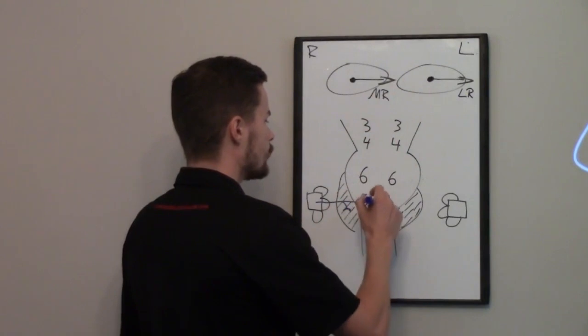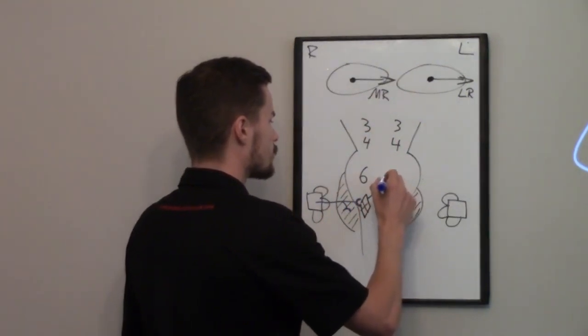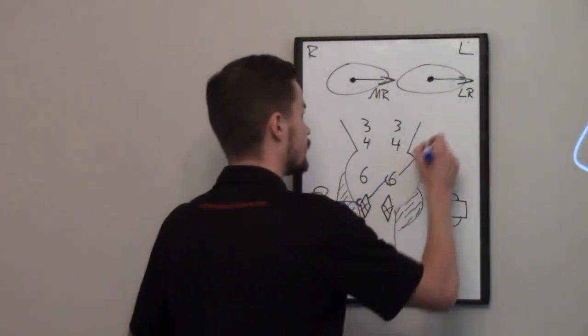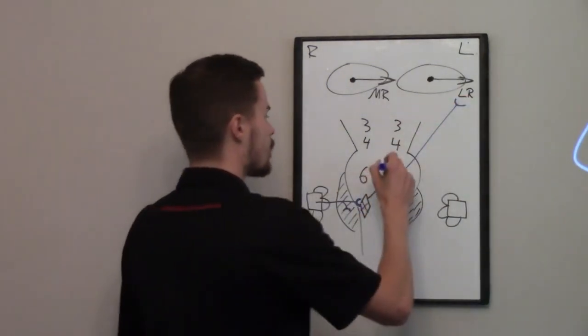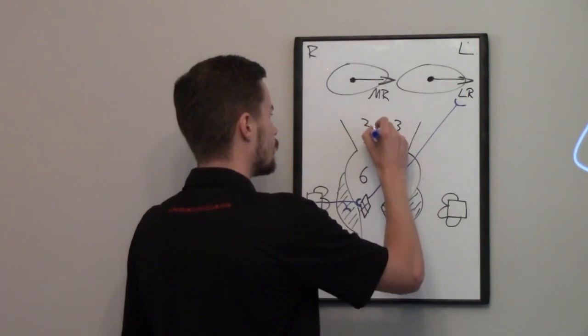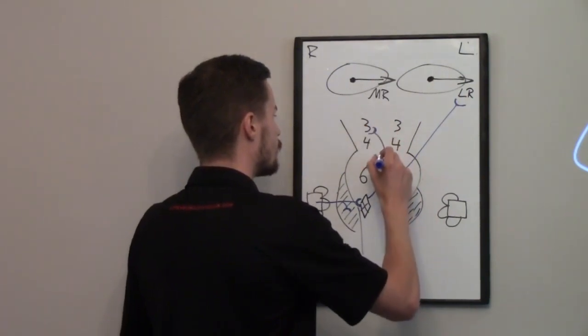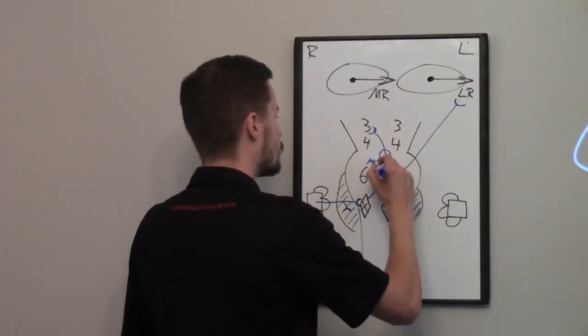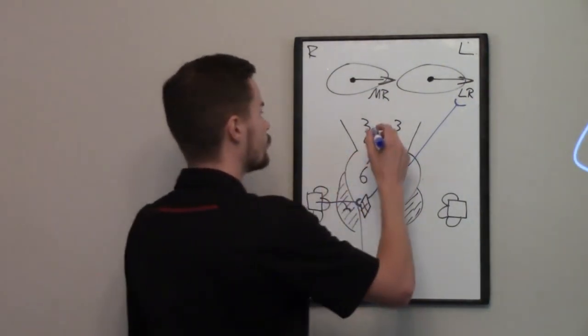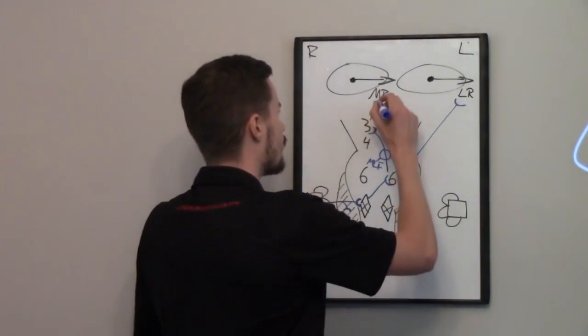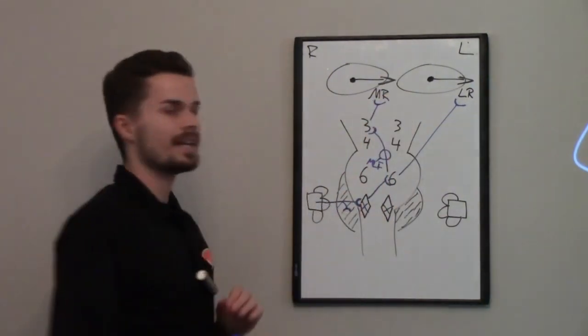So the vestibular nuclei is going to fire the cranial nerve 6, which is responsible for innervating the lateral rectus. Then what's going to happen is that we're going to jump on a highway here called the MLF, which is the medial longitudinal fasciculus, and that's going to fire the cranial nerve nuclei 3, the oculomotor nucleus, and fire into the medial rectus to adduct.